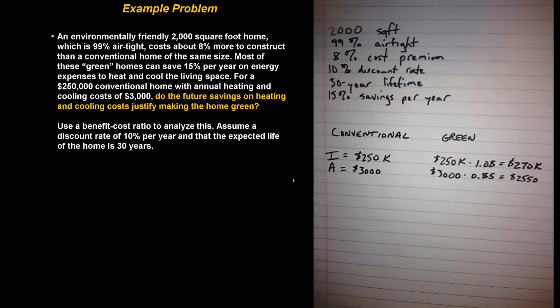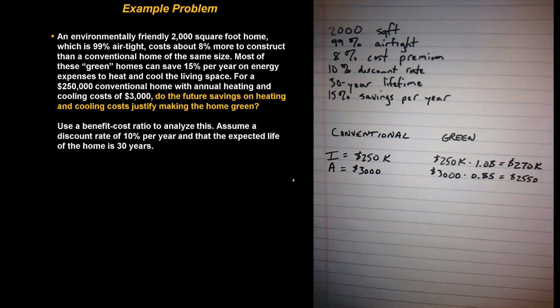Both of the homes, we're just looking at the cost of the initial investment and the cost of heating and cooling. So when we're thinking about this as a benefit cost analysis, we're considering the difference between these two projects, where the baseline is going to be the cheaper one, so the conventional home. The way we're going to proceed is to take the difference between the initial investment, and we're going to frame the benefits as being the cost savings that we get in the future from going green.